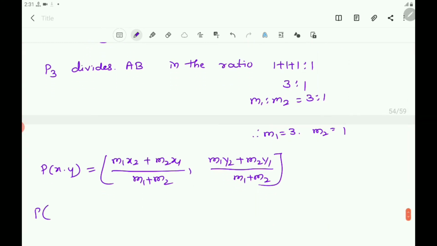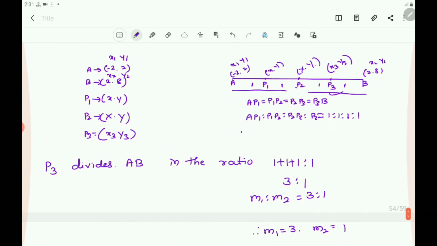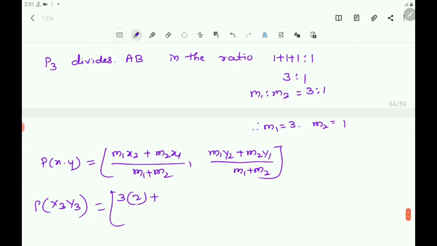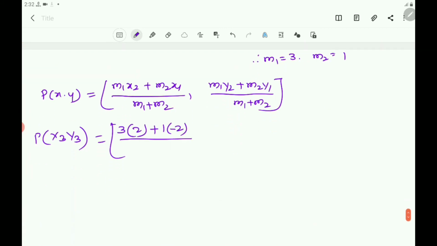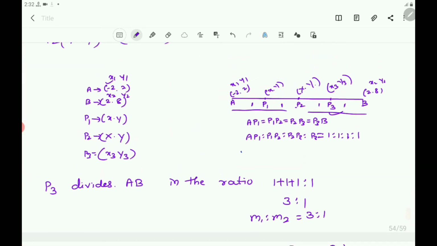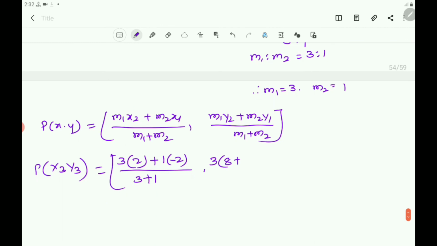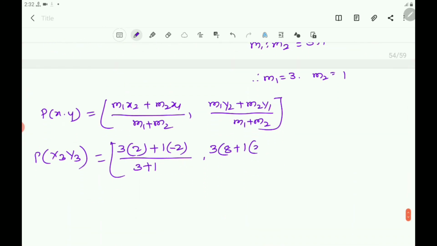Then for P3, we have taken x3, y3 equals m1 is 3 into x2, x2 is 2, plus m2 is 1, x1 is minus 2, by 3 plus 1, and m1 is 3, y2 is 8 plus m2 is 1, y1 is 2, by 3 plus 1.